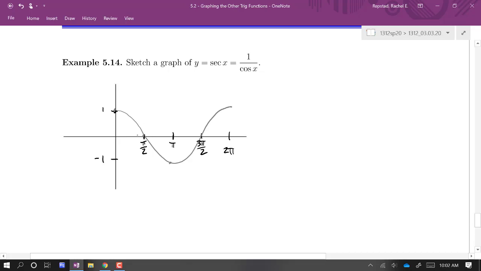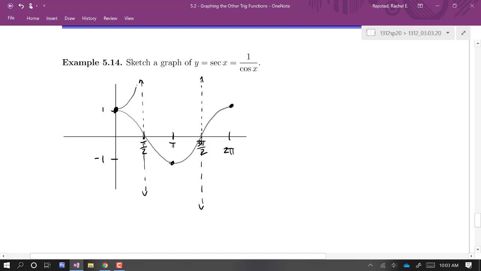Where do I have asymptotes for this graph? Pi over 2, 3 pi over 2. Right, where cosine is 0. Basically, wherever the curve in gray crosses the x-axis, we draw our asymptotes there. At the peaks and valleys, secant takes on the same value. So I've got these 3 points. And then from there, I just draw my U-shapes.